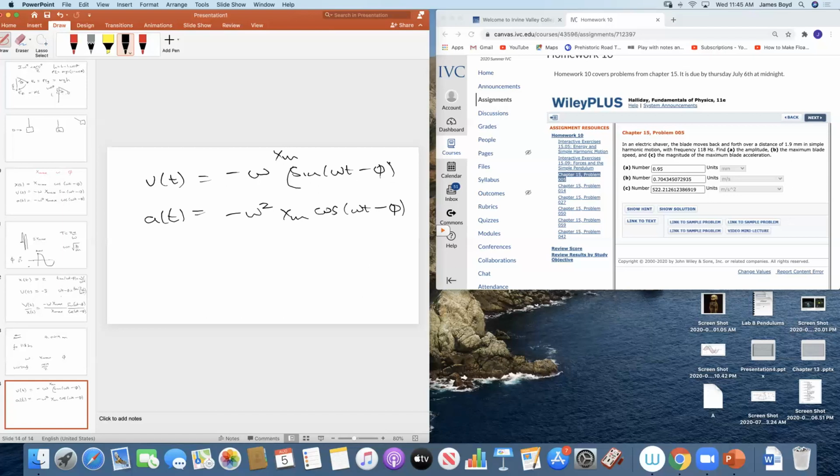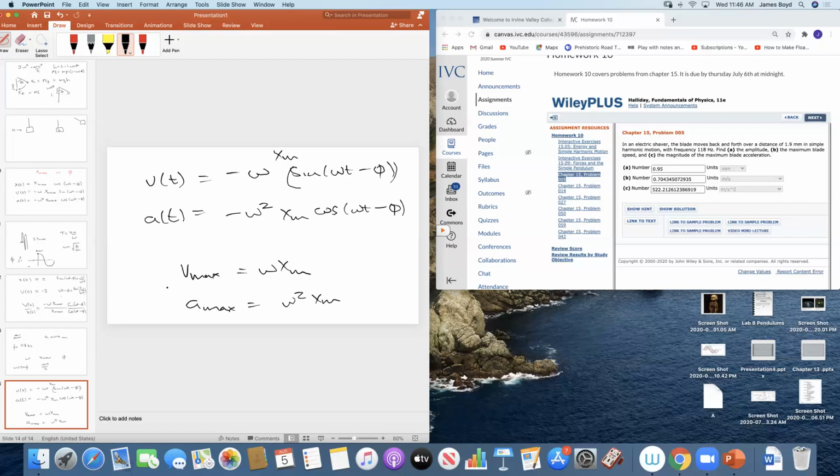So just assume that this is 2 for the maximum and take the absolute value. V max is omega x max. For A max, the argument has to be 0, and take the absolute value: omega squared x max. So this is 2 pi f times what we just found. This is 2 pi f squared times what we just found.